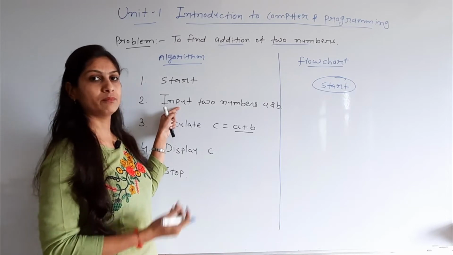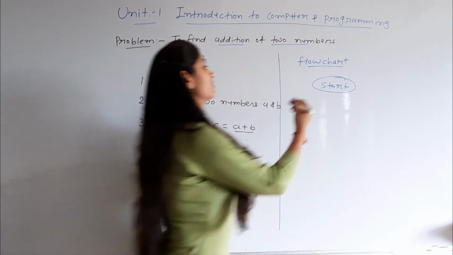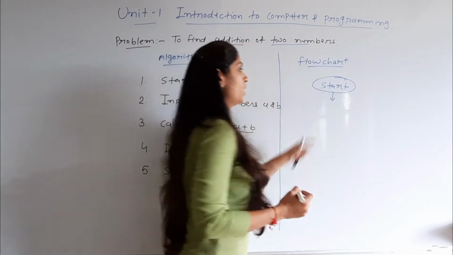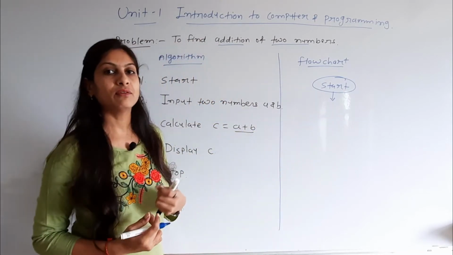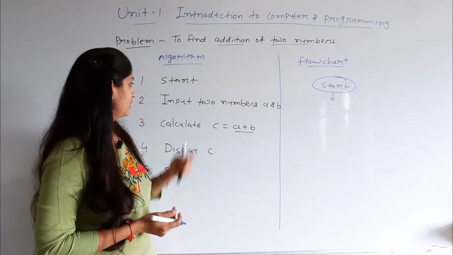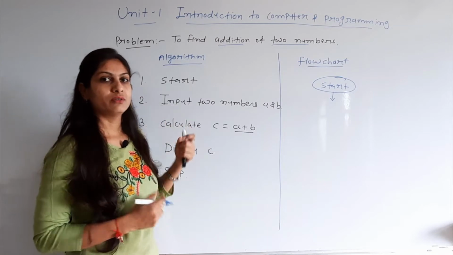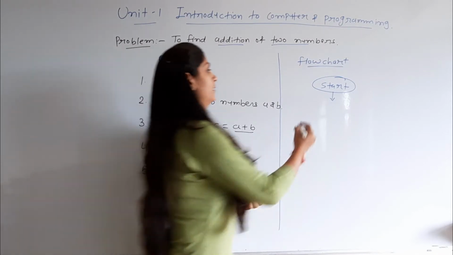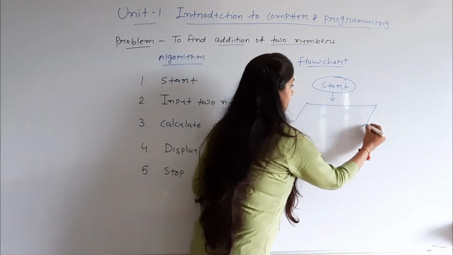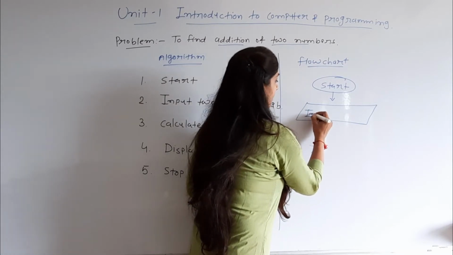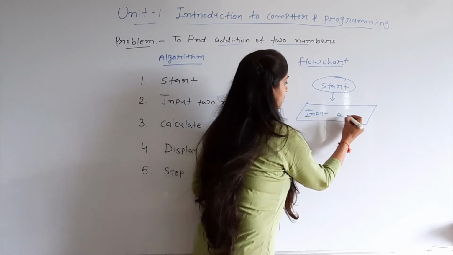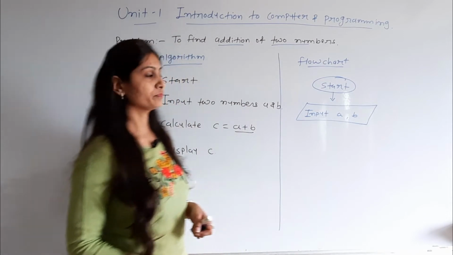Now move to the second step, which means we have to draw the arrow. The arrow indicates the data flow or logic flow. Now for input, which symbol are we using? Parallelogram, and write the step, that is input A, B.